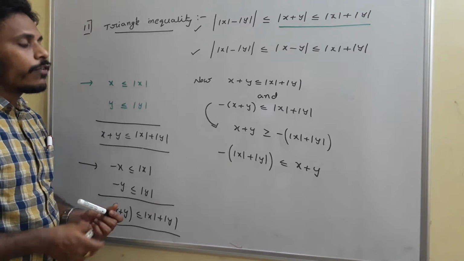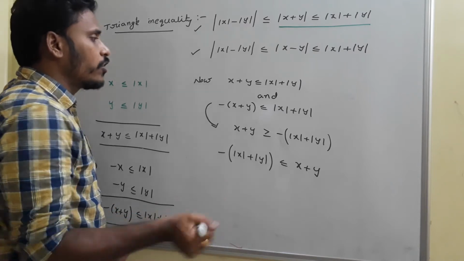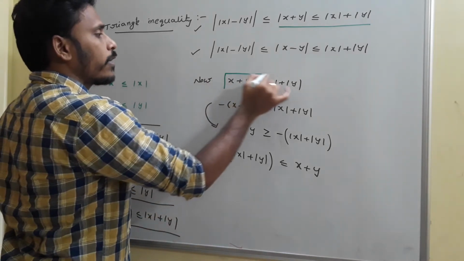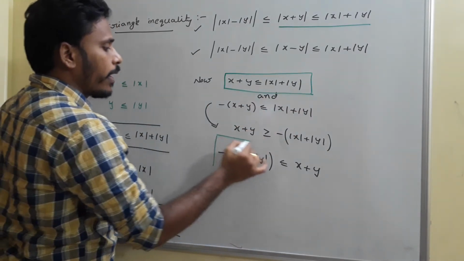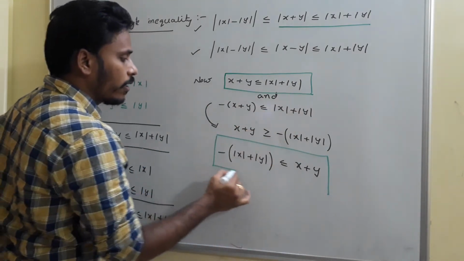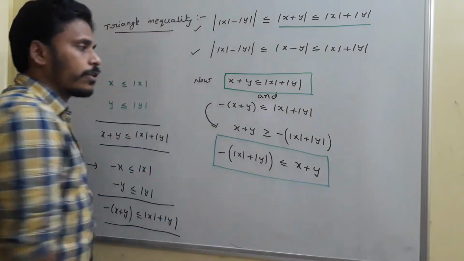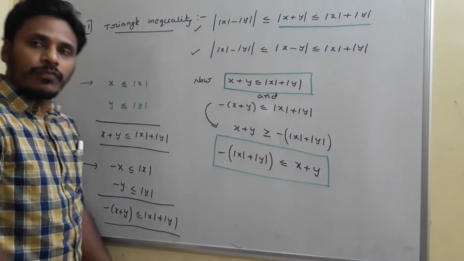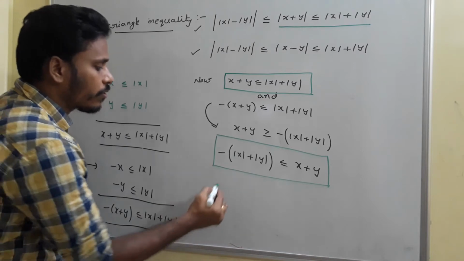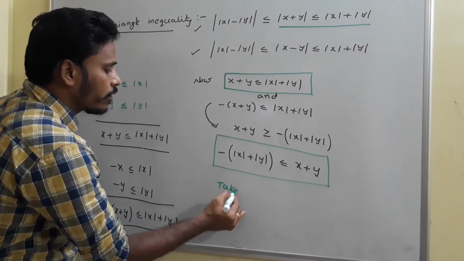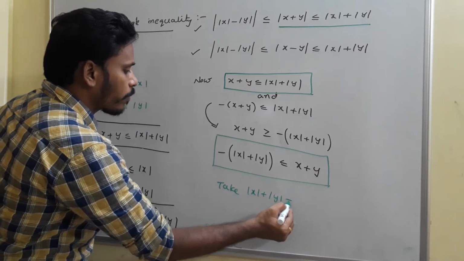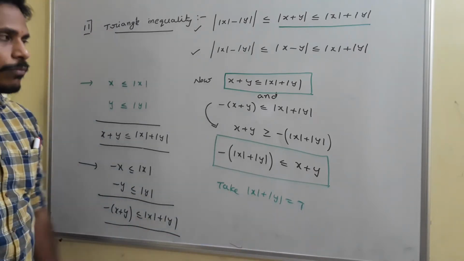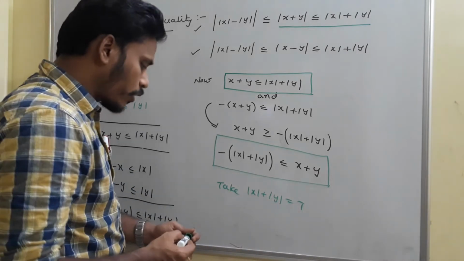And now if you pay attention to these two, what are those two? x plus y is less than or equal to mod x plus mod y, along with minus of (mod x plus mod y) is less than or equal to x plus y. So to avoid some confusion, for some time take mod x plus mod y equal to t. Just to avoid confusion, then what do you have?